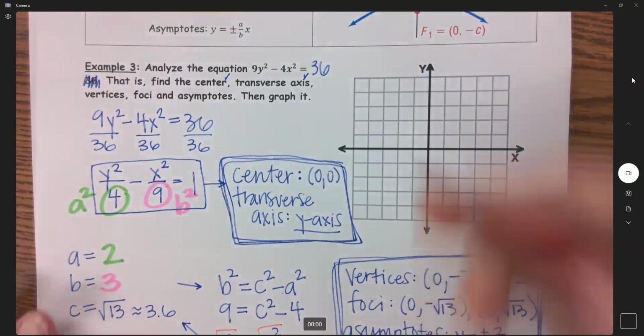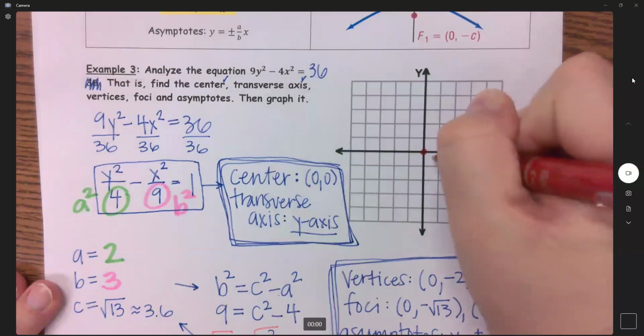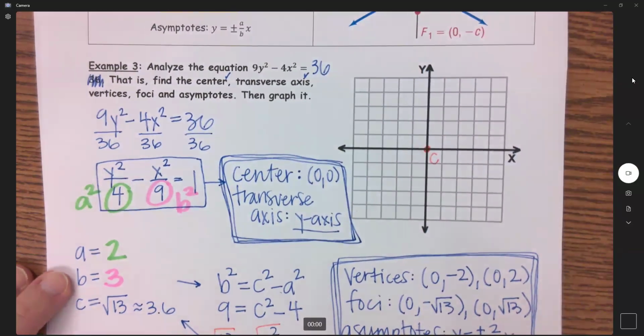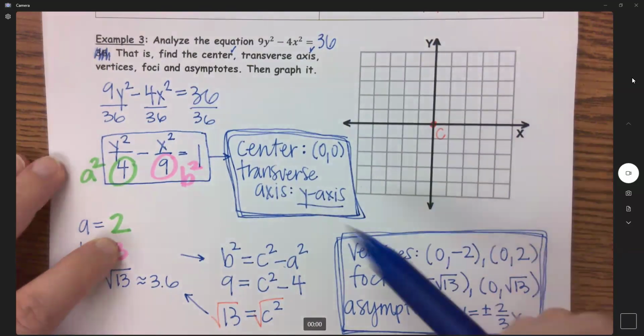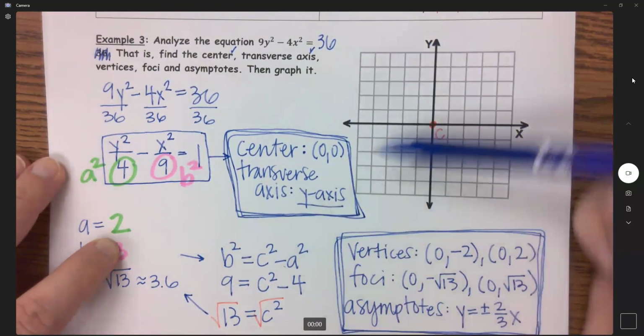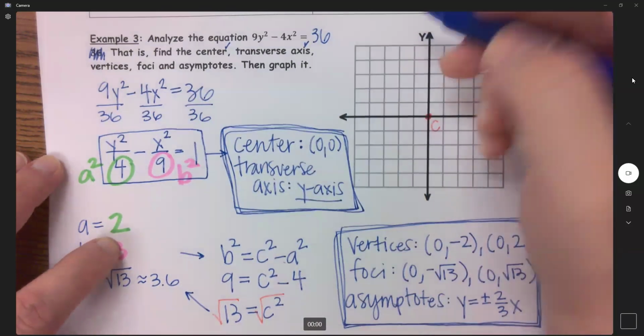So I'm going to plot my center in red. My vertex is 2, and because my transverse axis is the y, all of these points need to be on that y.